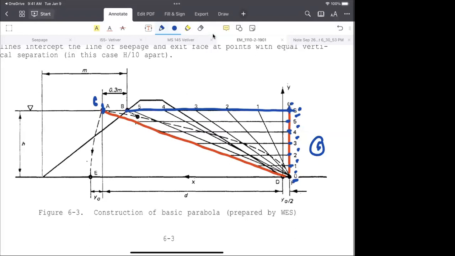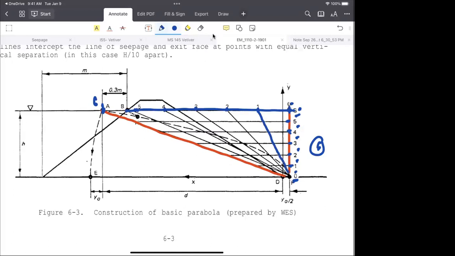Now, all we do is, between G and A, we break it down into 6 points, equal distance. So it's 1, 2, 3, 4, 5, and 6, right? And then we do what? We draw the 6 lines. We draw a line from point 0.